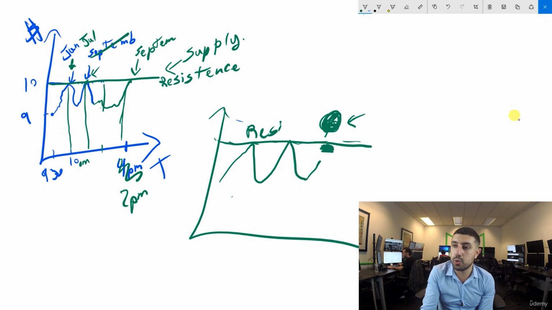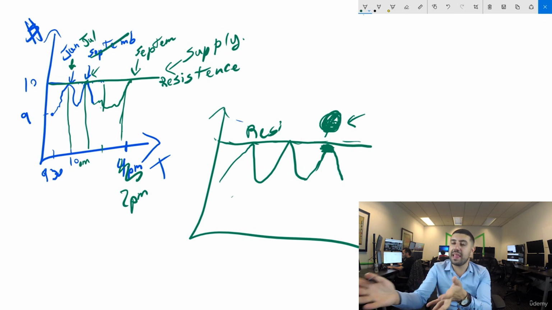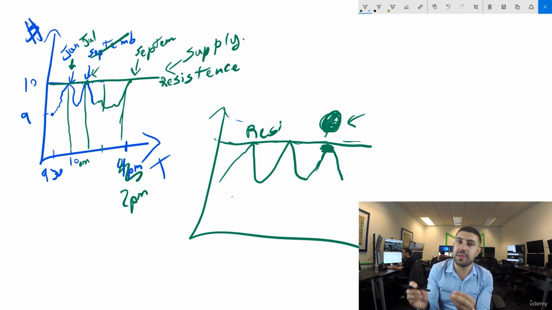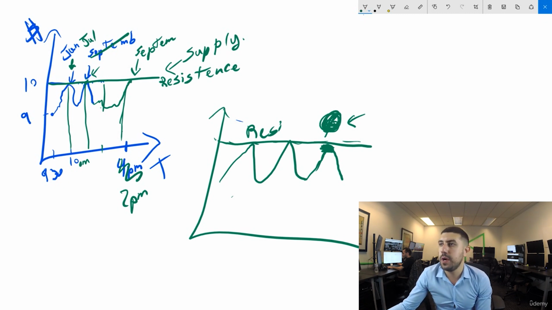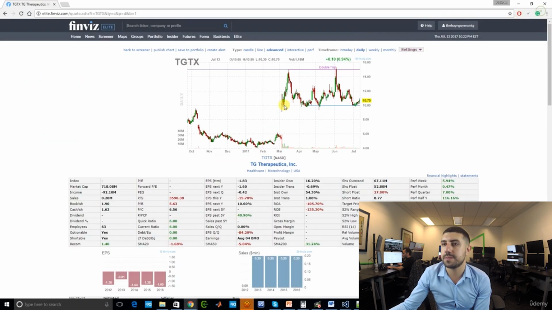And by having so many sell orders here, the stock is not going to be able to break above that price, and it's probably going to top at that price again. So again, it's a little bit of a self-fulfilling prophecy, but it actually relies on something fundamentally true, and that makes a lot of sense. So this is why this pattern specifically makes a lot of sense. Okay.